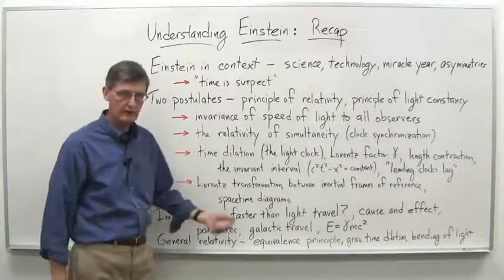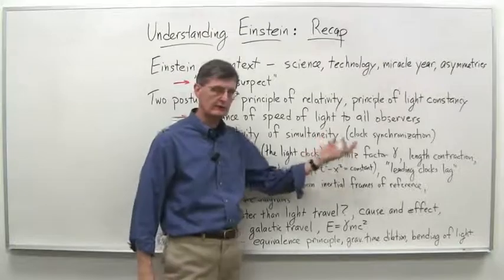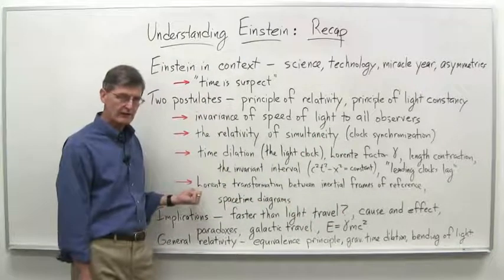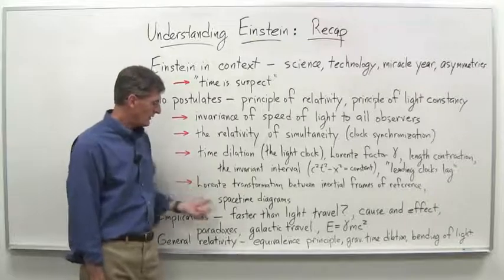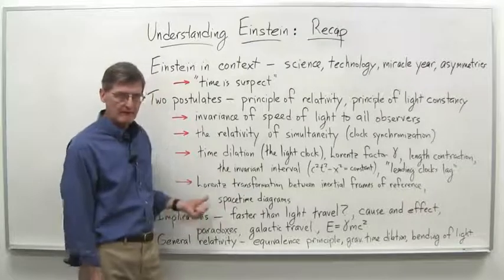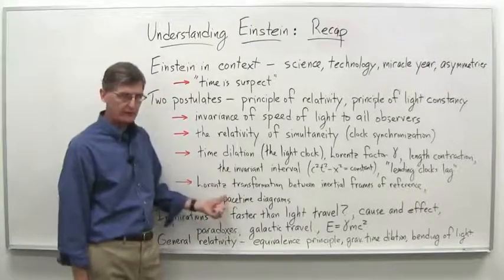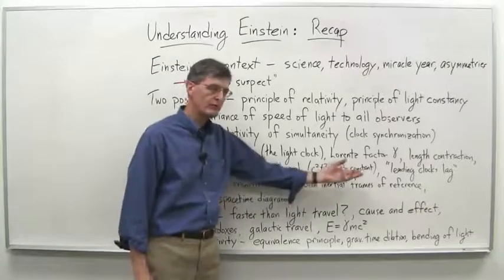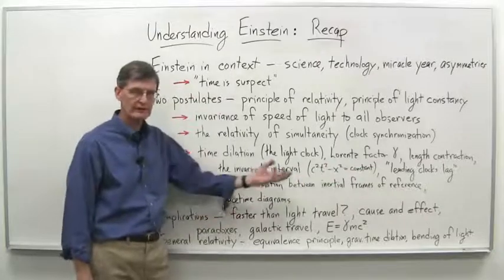And that was a key result we did both qualitatively and then later quantitatively once we had figured out the Lorentz transformation. And that was probably the most complicated analysis we did, the mathematical derivation there. But we got that such that we could transform between different inertial frames of reference very easily.